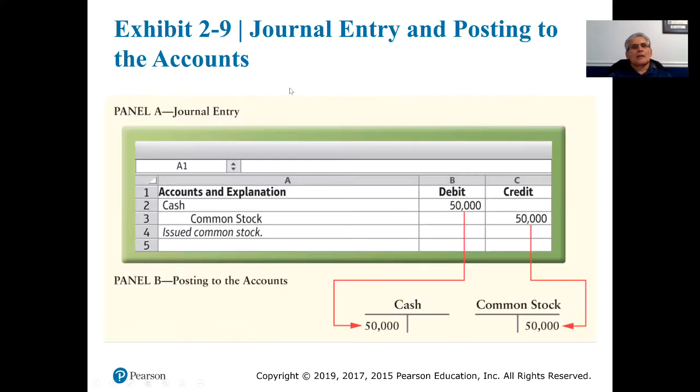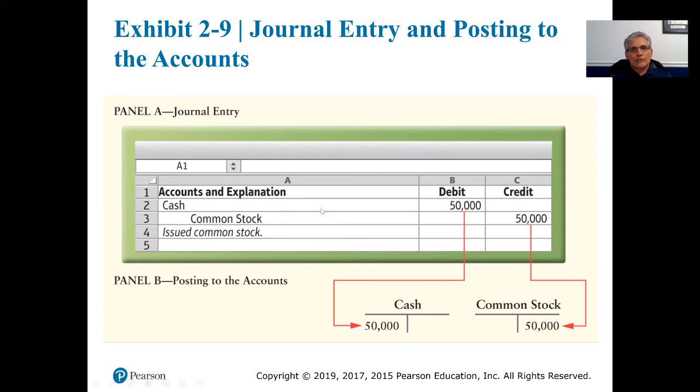So the journal entry that we just created in the journal, these amounts are then transferred to the ledger. So we record the entry here and then we post these amounts to each card. So cash has its own ledger. And by the way, the T accounts that we're using are actually a pretty good representation of the ledger.